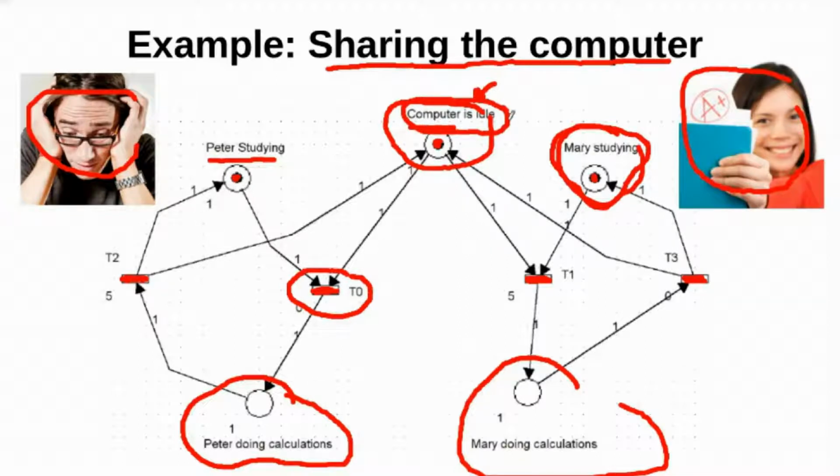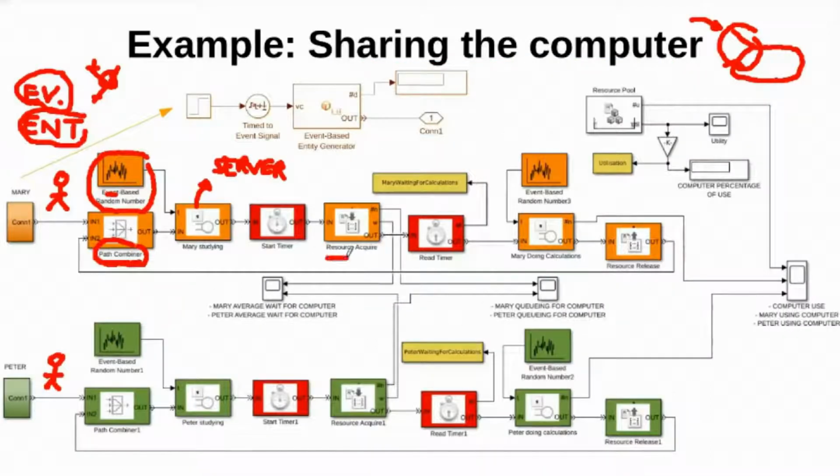Mary needs the computer to be idle. So that's why here we have the resource acquire block. Here, Mary will ask for the computer. If the computer is idle, Mary will go to the doing calculations process, okay? That's the same structure as before, but this time it will be the probability density function for Mary doing the calculations, okay?